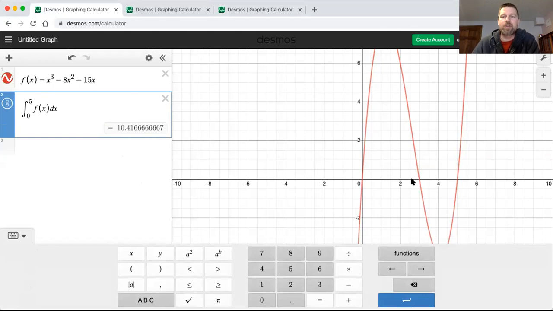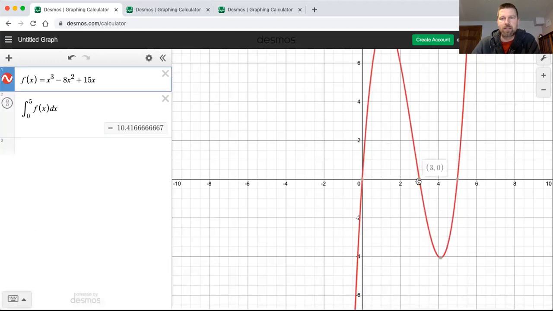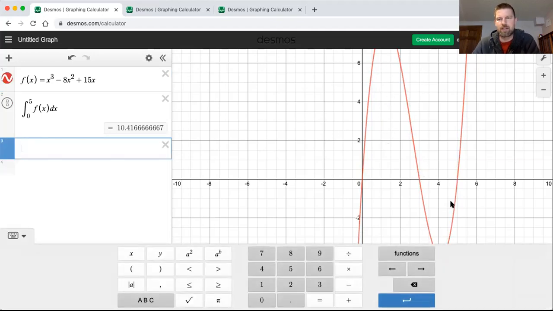However, if it asks for the total area from 0 to 5, I need to treat this part and that part separately. That spot right there does happen right at 3. Desmos is nice. When I highlight it, it says, oh, that happens right at 3, 0. So I'm going to calculate, there's lots of ways you can do this. The way I tend to do it is I calculate these integrals separately.